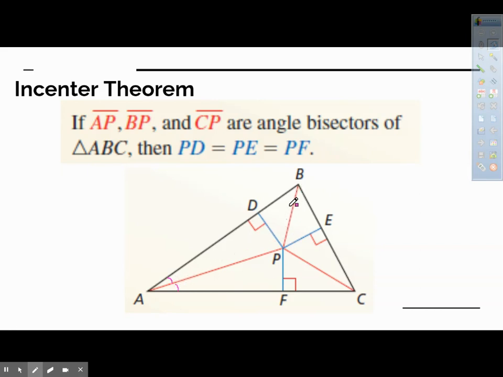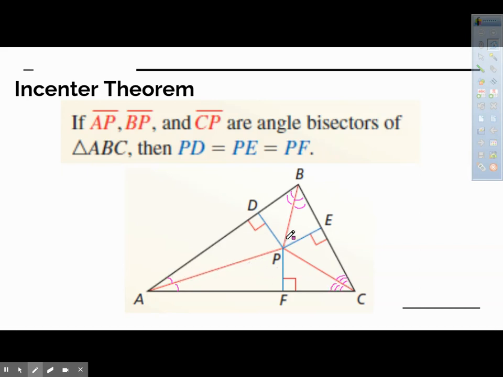The segment PB cuts angle B into two congruent angles. And this segment here, PC, cuts angle C into two congruent angles.